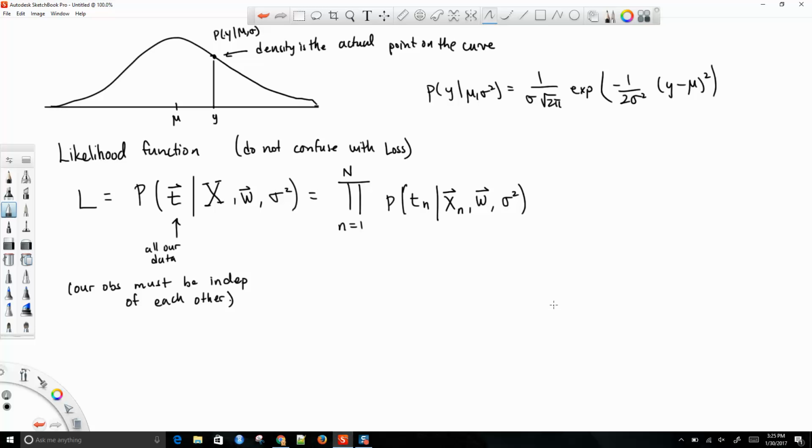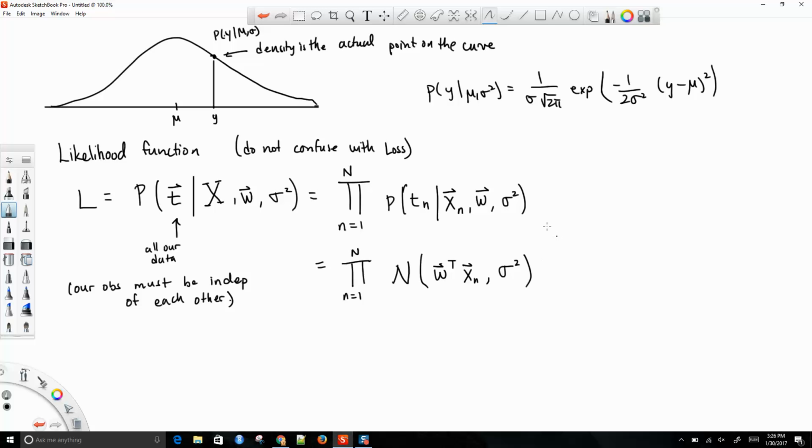So this is the product there. And because for linear regression, this thing is normally distributed around W transpose X sub n, sigma squared.